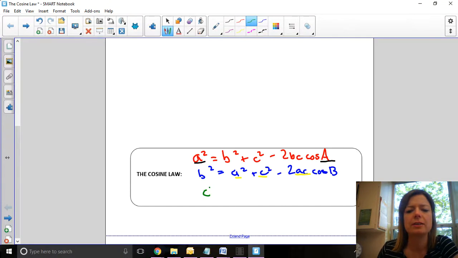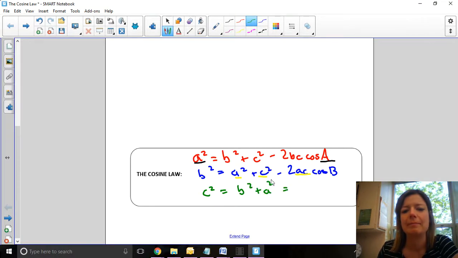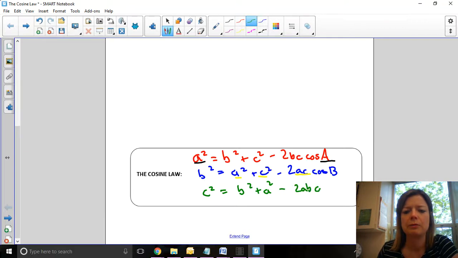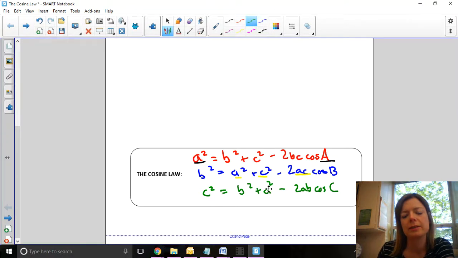Finally, if you're trying to solve for C, you have C squared equals B squared plus A squared, or I could have done A squared plus B squared, minus 2AB cos of angle C. So what this tells us is that to find the length of a side, you take the squares of the other two sides, subtract 2 times the sides, times the cos of the opposite angle. We'll obviously be doing some examples of this.